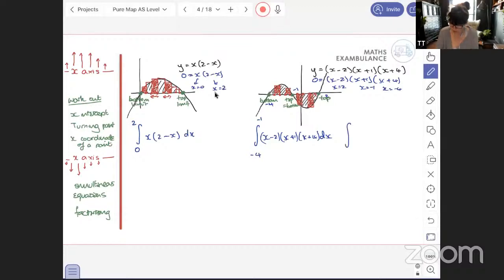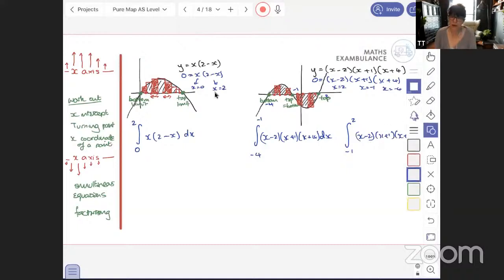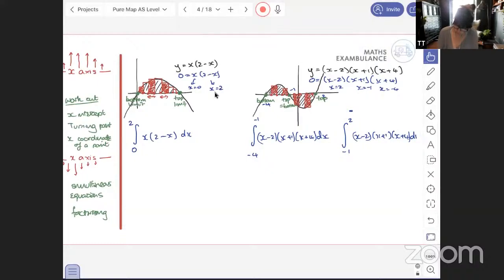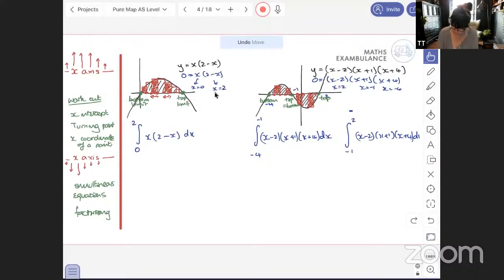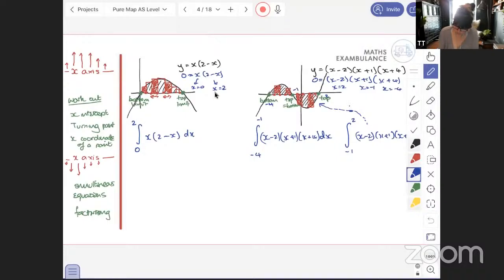It's going from -1 to 2. And this integral does not equal that area. Integral doesn't equal area.